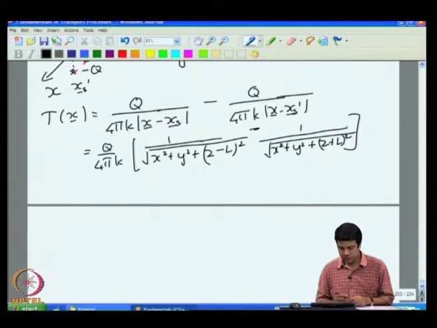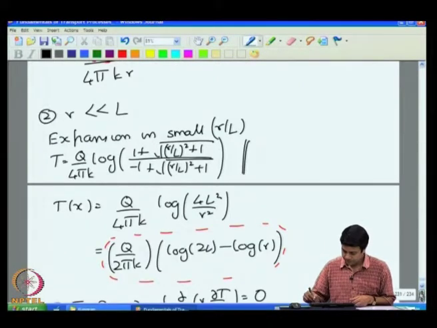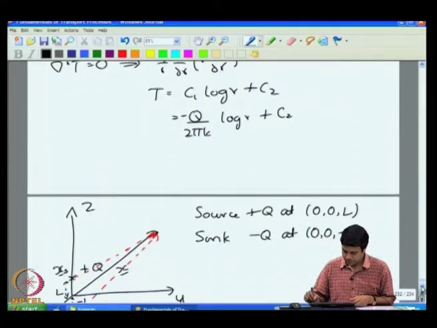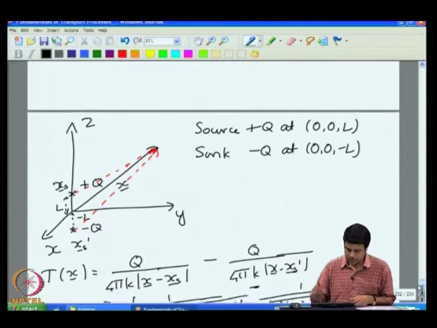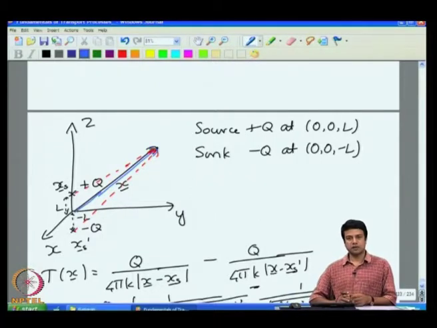Now, let us take the case where the distance from the origin is large compared to the distance 2L between the source and the sink.